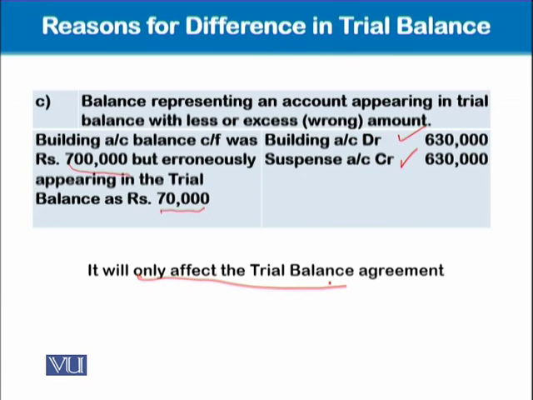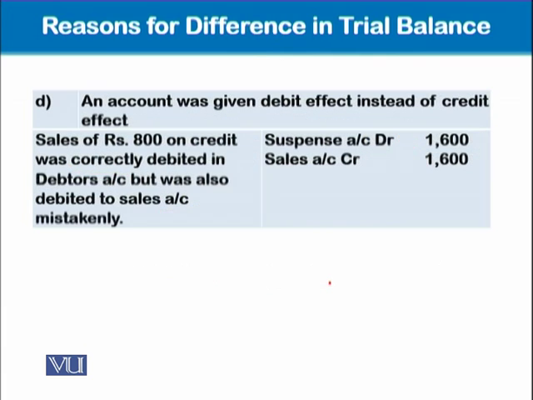Okay, very good. Now, an account was given debit effect instead of credit effect. For example, sales of 800 on credit was correctly debited to the debtors account, because what is the correct accounting entry for sales?